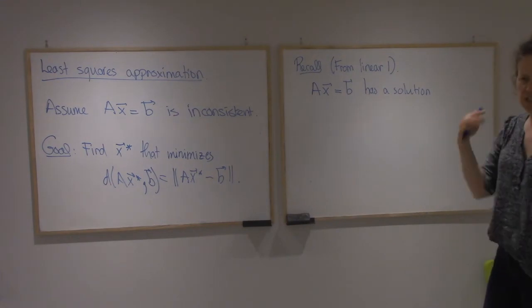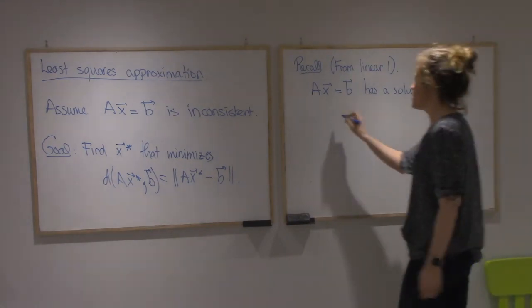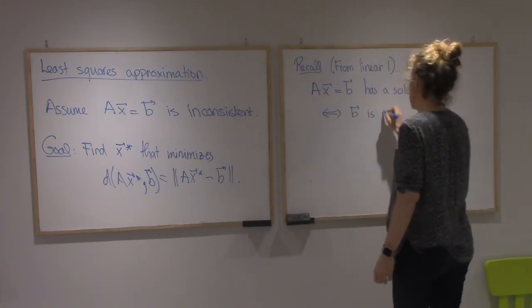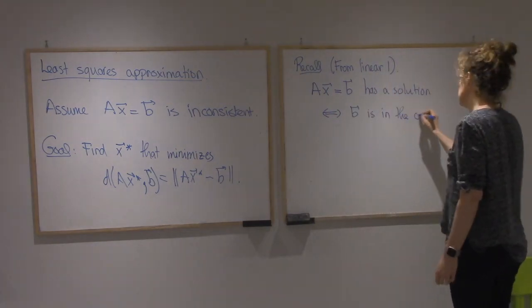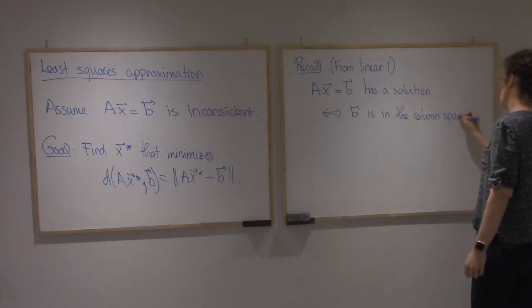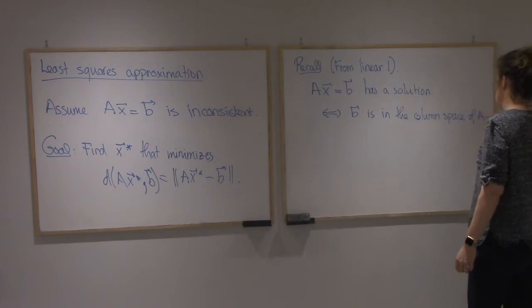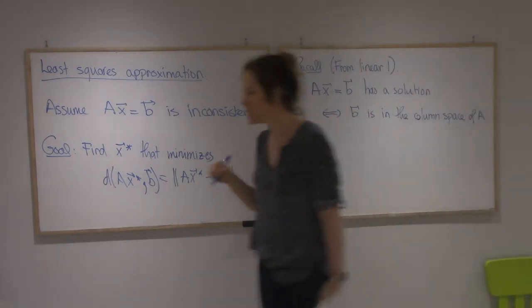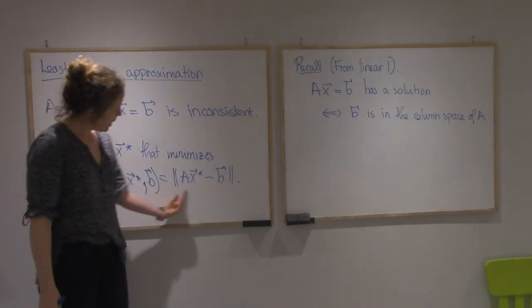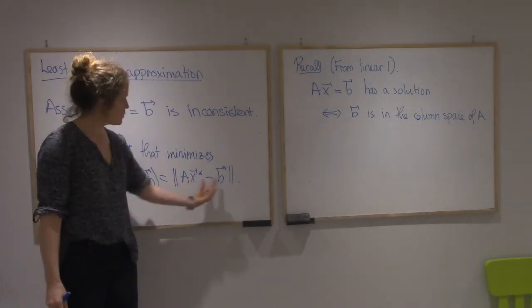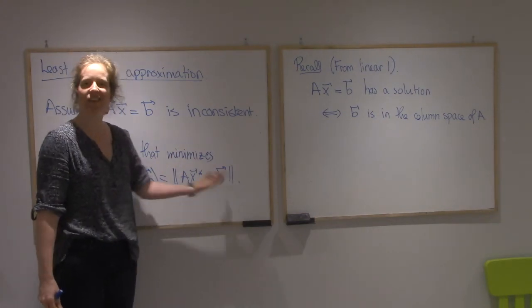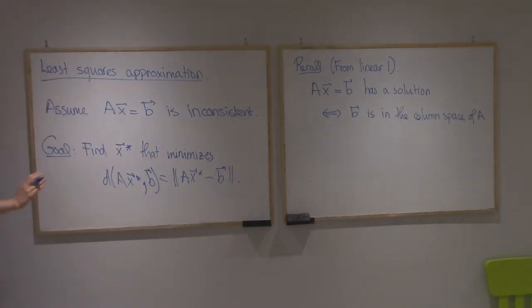It has a solution exactly if b is in the column space. So we have conditions, but we also have an idea here. This part will be in the column space, this part isn't because it's inconsistent, so I want the closest thing in the column space.